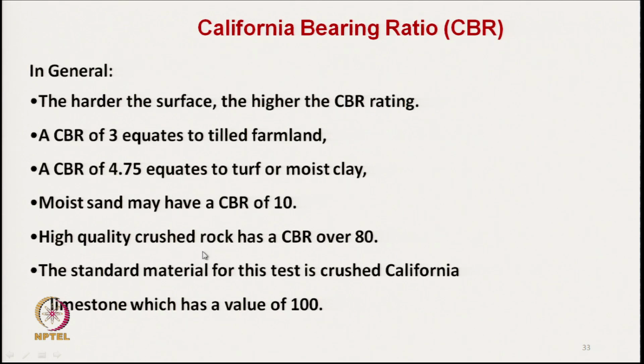For high quality crushed rock, the CBR is 80, and California limestone is definitely 100. This is the reference value, and accordingly we can calculate the CBR value. So, the higher the CBR value, the stronger the rock or surface will be.